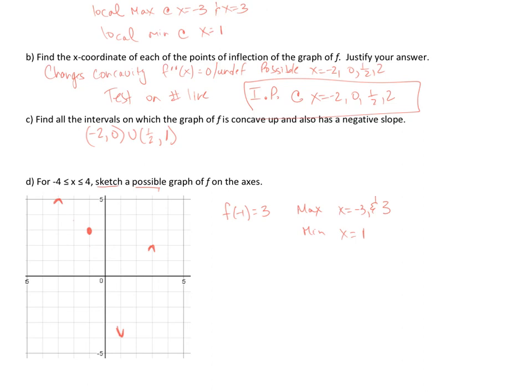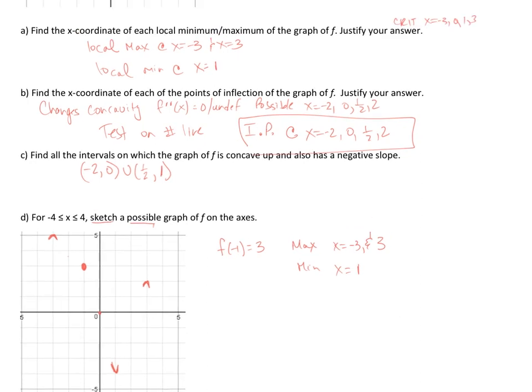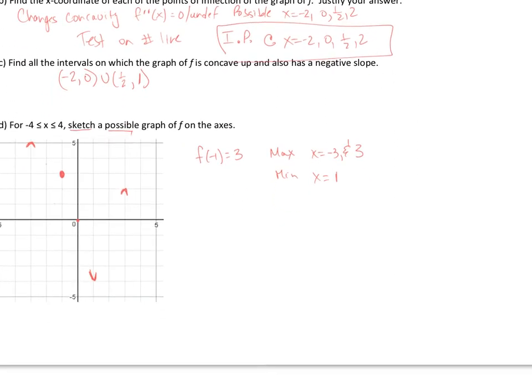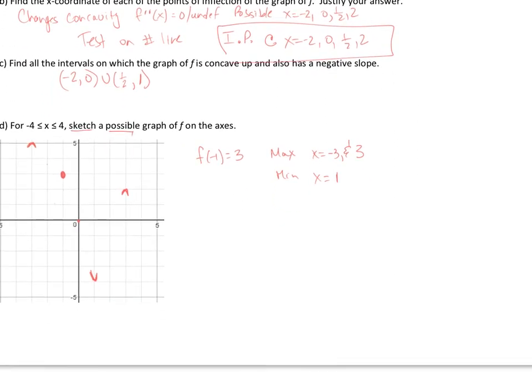Okay, so I'm just going to redraw this a little bit here, just so you can see what's going on. So we know that this is an inflection point, and at 0 it begins to be concave down again.